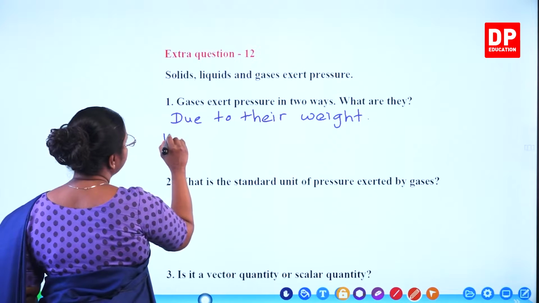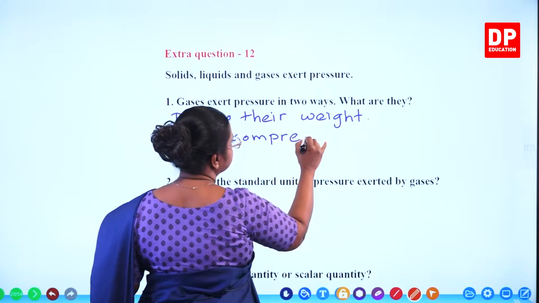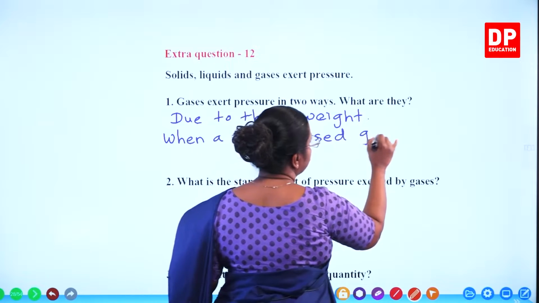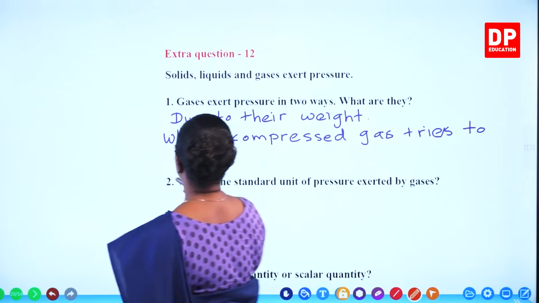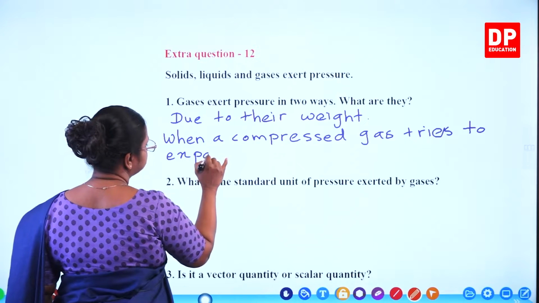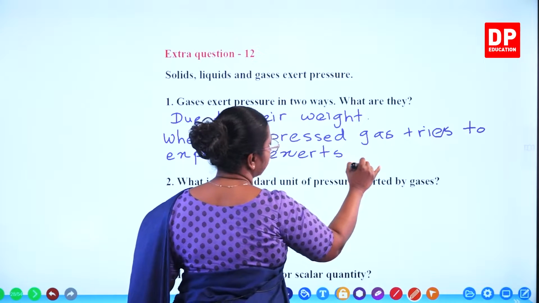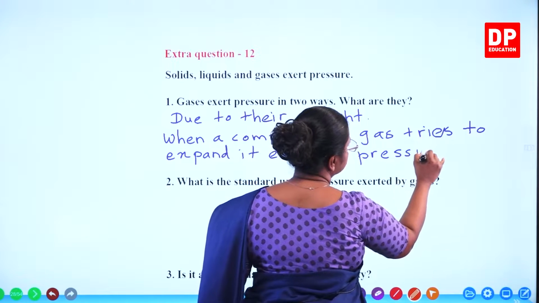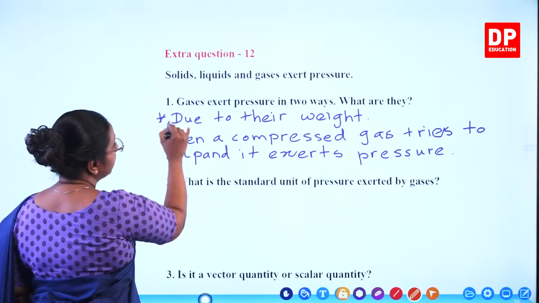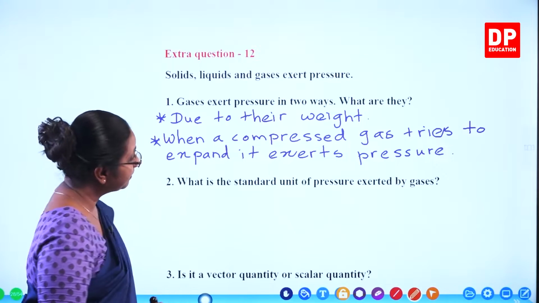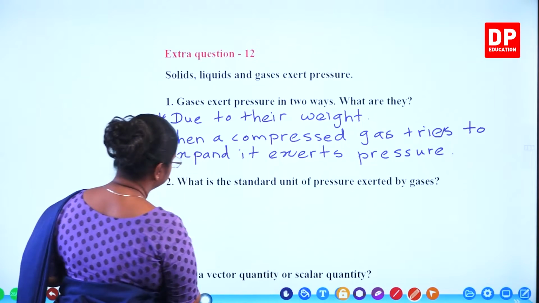Second one, when a compressed gas tries to expand, it exerts pressure. So, two methods by which gases exert pressure: due to their weight, and when the compressed gas tries to expand, it exerts pressure. Then the next one.